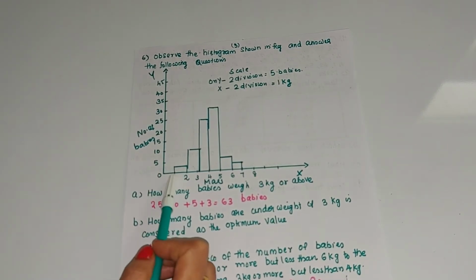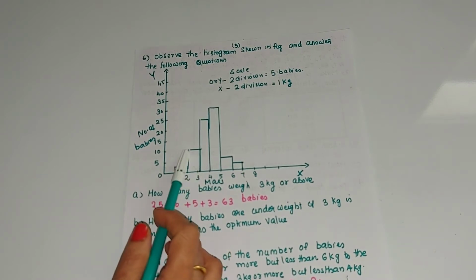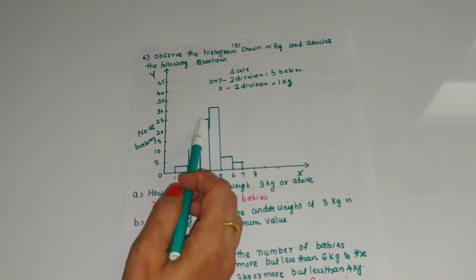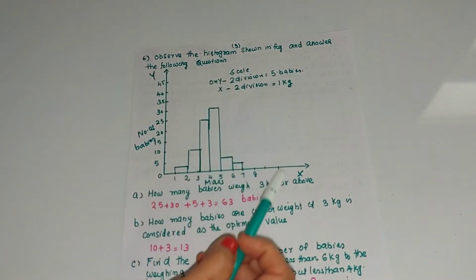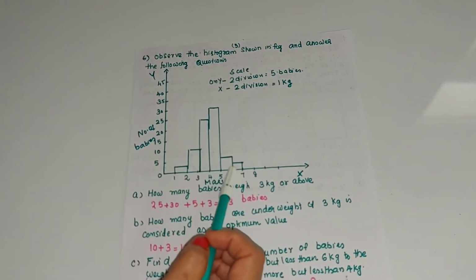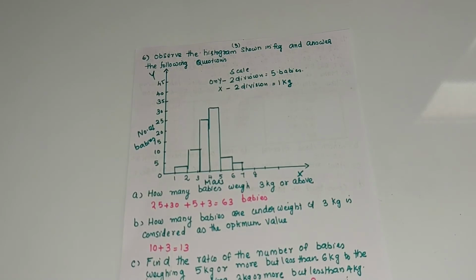Between 2 kilo and 3 kilo there are 10 babies, between 3 and 4 kilos there are 25 babies, between 4 and 5 kilos it is 30, between 5 and 6 kilos 5, and between 6 and 7, 3. Now our first question is, how many babies weigh 3 kilogram or above?